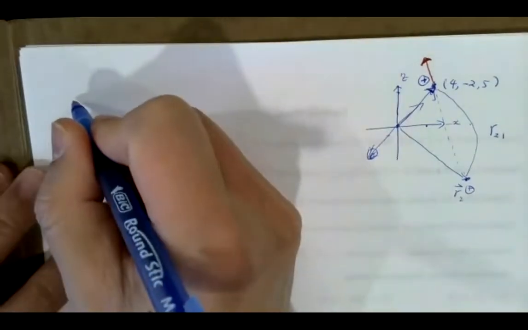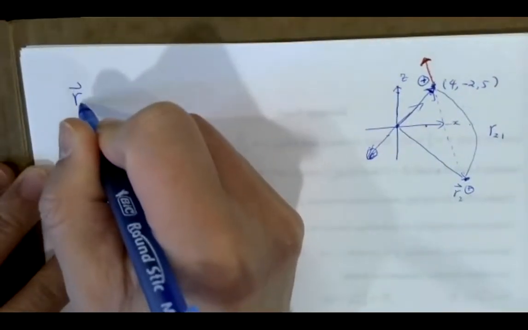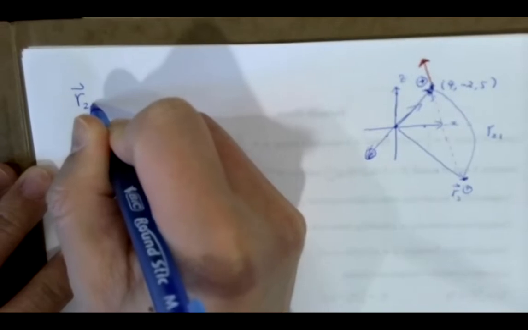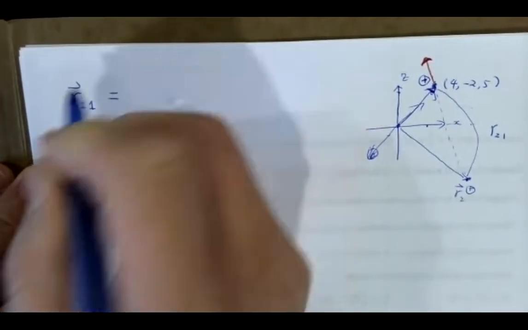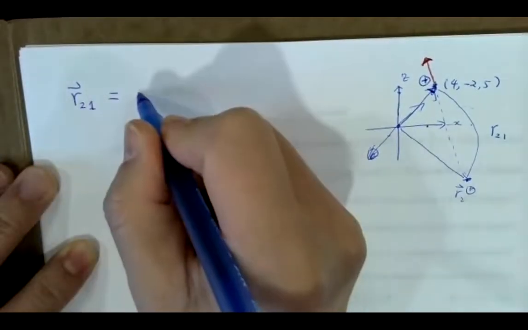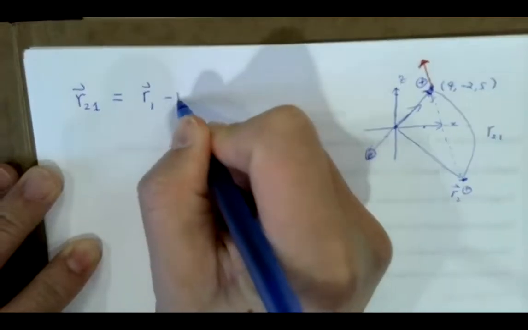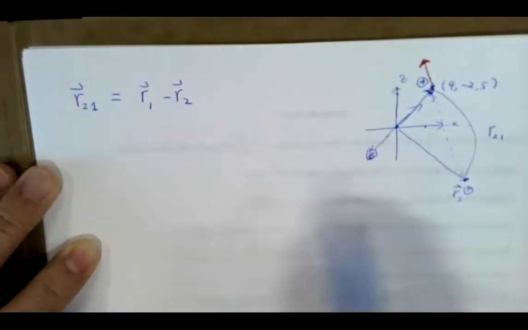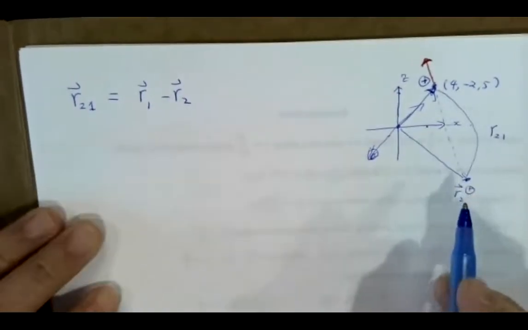You would need to figure out the magnitude of this length, R from 2 to 1. Basically, the vector from 2 to 1 equals R1 minus R2, which gives you this one. Some knowledge you learned last semester, you need to use here.